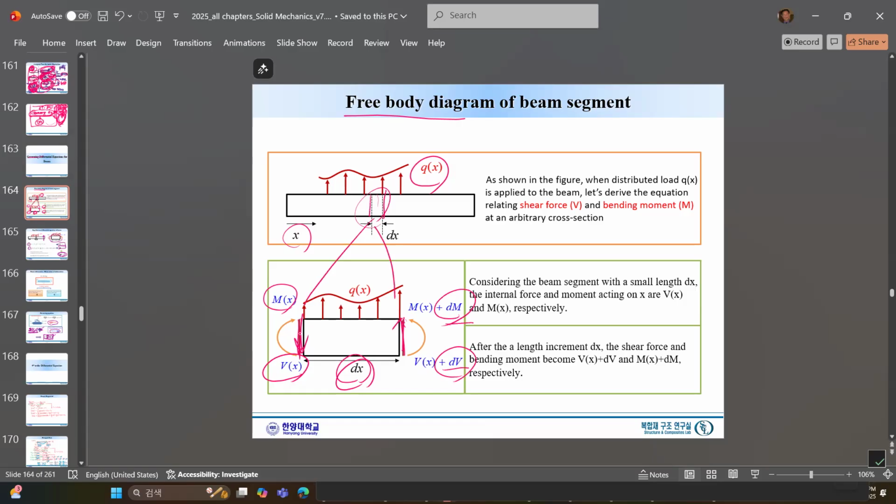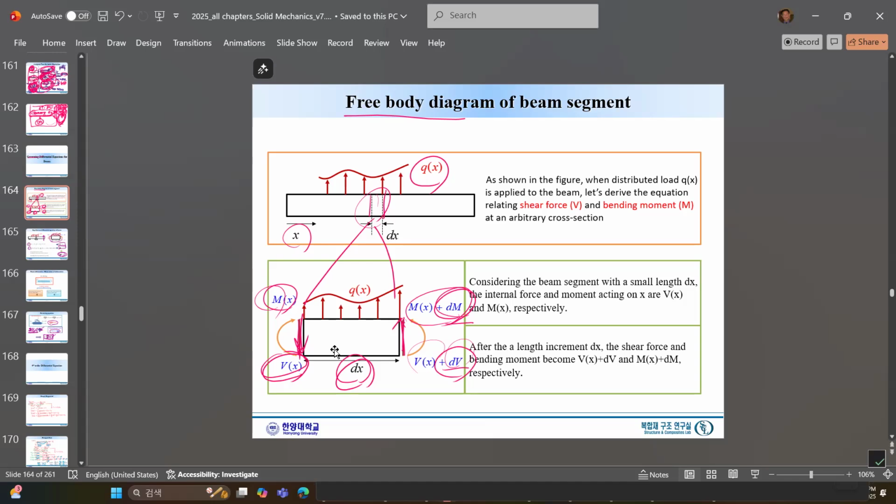Within this region we would have a qx. We may not have that, but in general we have qx, on the left-hand side the moment and shear force, and on the right-hand side the moment increment and shear force increment. This is the incremental portion of the beam, and all the forces will be applied.